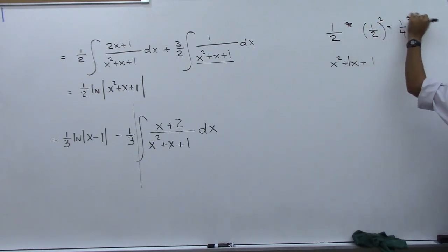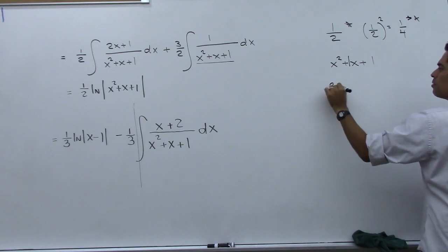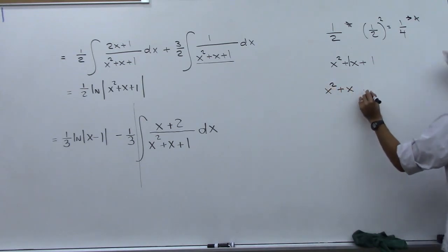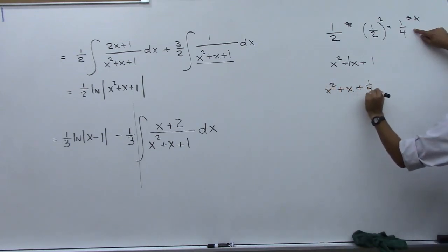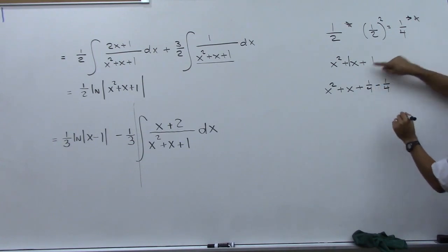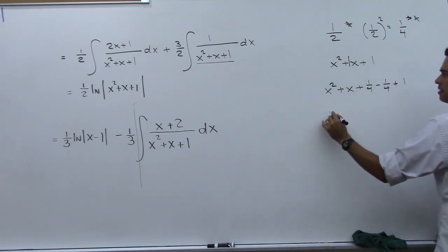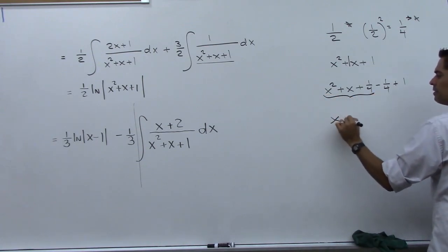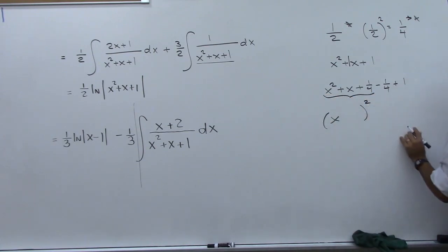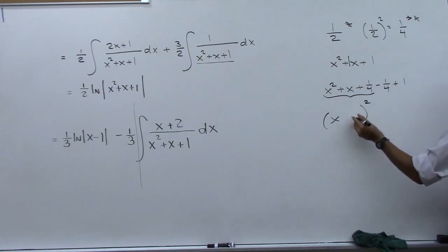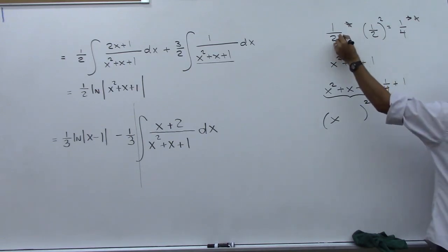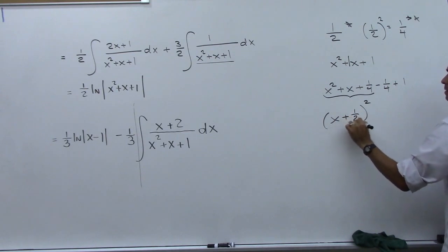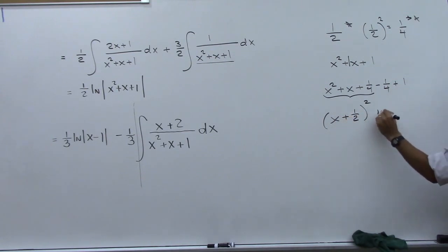That's my second number. Then I rewrite this as x squared plus x, add 1/4, subtract 1/4, and I still had a plus 1 there. So these three terms are guaranteed to factor to be this, and I just need to figure out what that number is, and it's always going to be that number, so plus 1/2. And then I put these two together and get plus 3/4.